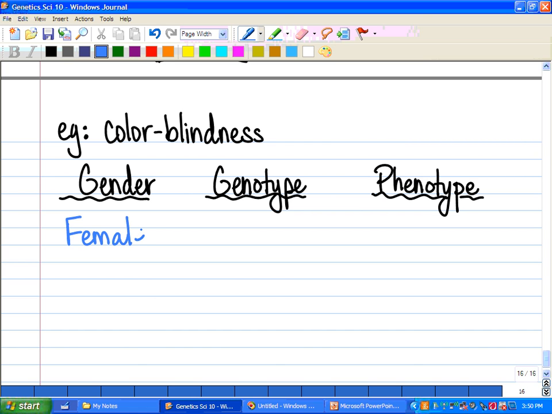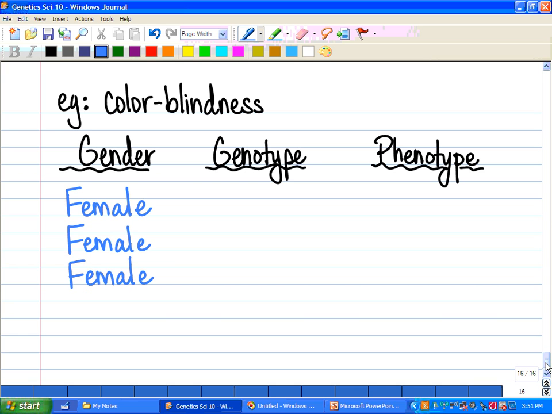All right, so let's look here. Female, there's actually 3 versions of female that we can have here. And we'll talk about the different combos. Remember, females have double X for their sex chromosomes.